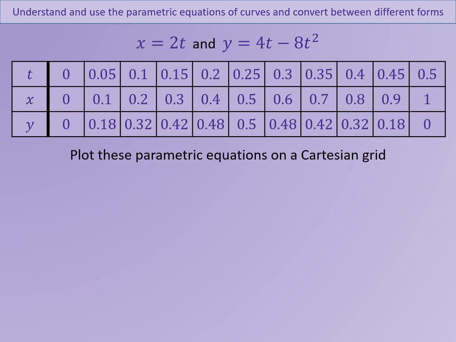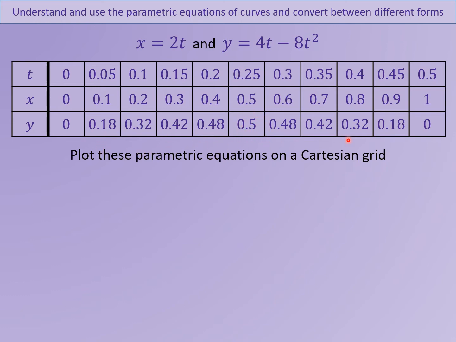Okay, so what I've done for you is I've just filled out the grid with a few more numbers. So I've filled in some of those extra gaps. And the reason for that is because what I'd like you to do is just plot on a Cartesian grid. In other words, with x going along the bottom and y going up the side. So a normal sort of grid that you're used to on squared paper, going from 0 across to 1 and from 0 up to at least 0.5.